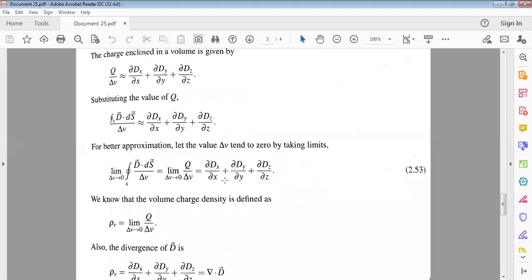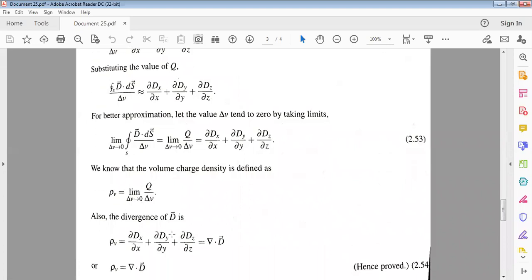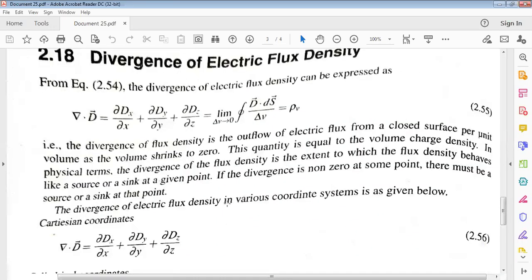We know that the volume charge density is defined as rho v equals limit delta v tends to 0 of Q by delta v, which is the divergence of D. That is the fundamental definition: del Dx by del x plus del Dy by del y plus del Dz by del z equals del dot D, where del is that representation with respect to electric flux density.